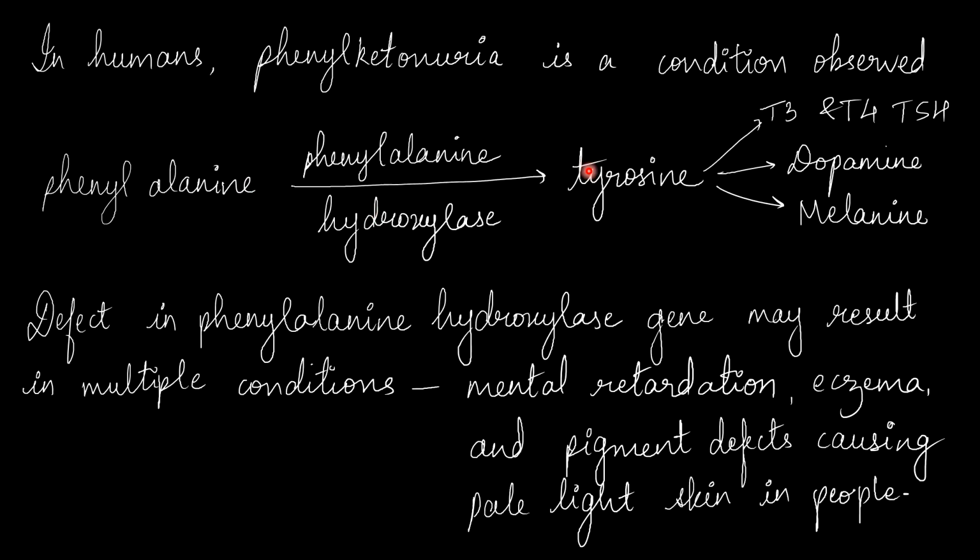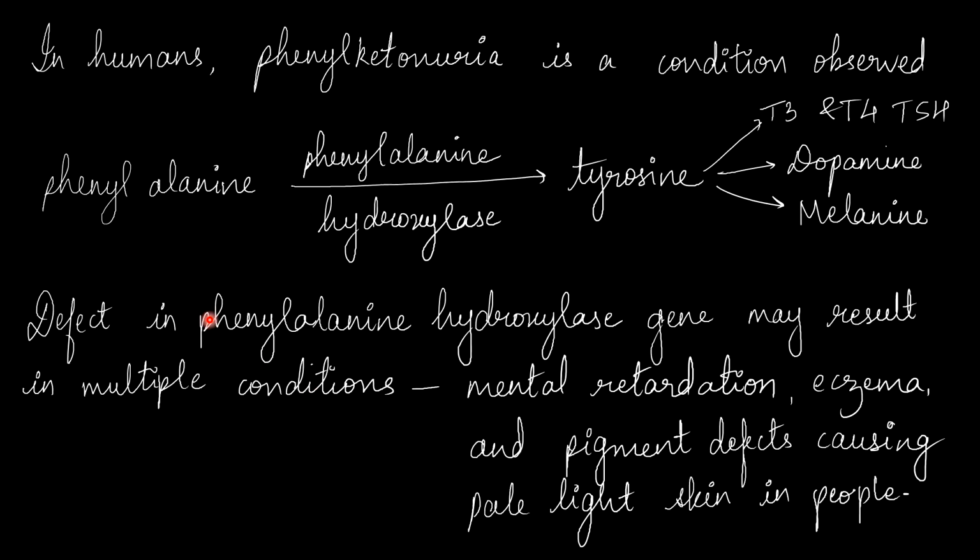Which also means that there would be unutilized phenylalanine in the body, which would start accumulating, and anything in excess which is accumulated in the body is not good. It will definitely be given out by the body in the urine. But there's a certain limit to how much the body can pump out.